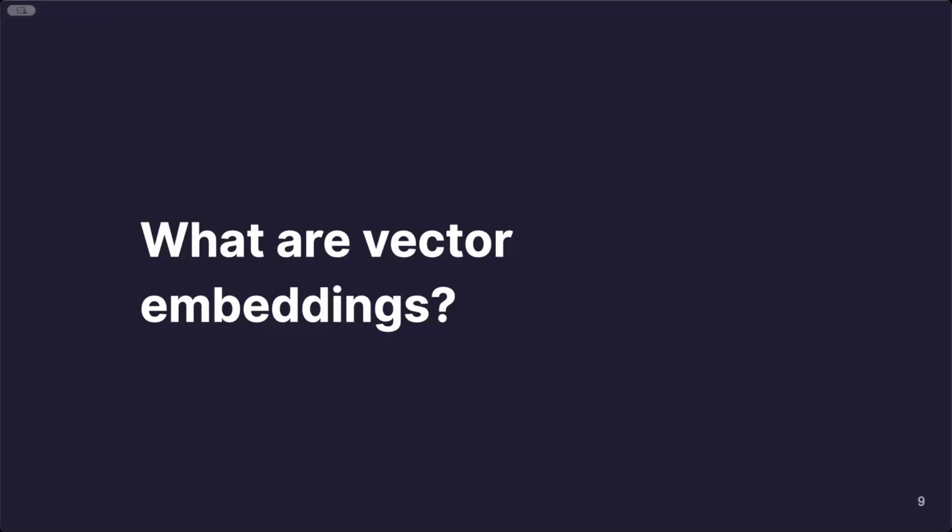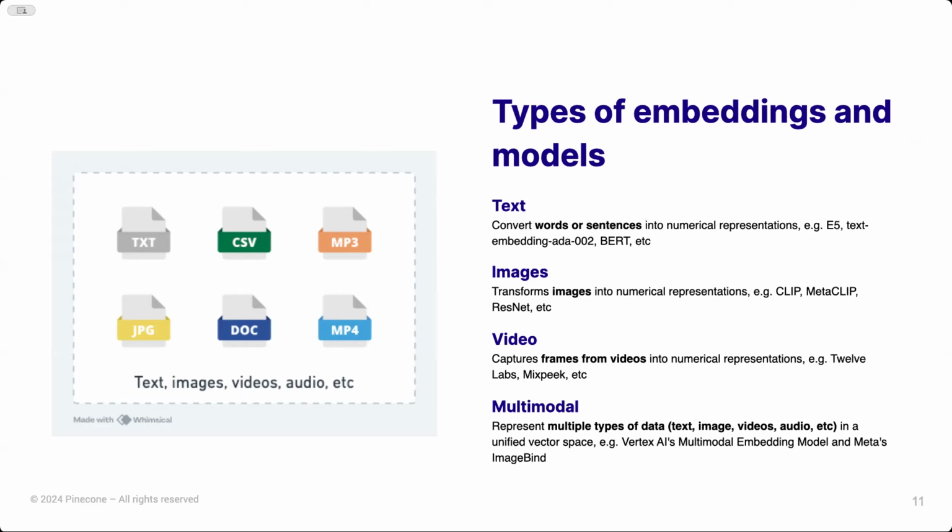The most common models here are E5, text embedding Ada 002 by OpenAI, and BERT by Google. Then, of course, we are seeing a lot of discovery into image models. These are models that convert images to vectors, and CLIP, MetaClip, and ResNet are the most common ones these days. This is starting to become more cutting edge and more commonly adopted for multimodal use cases.